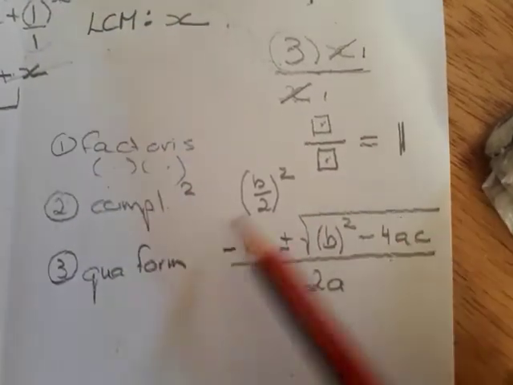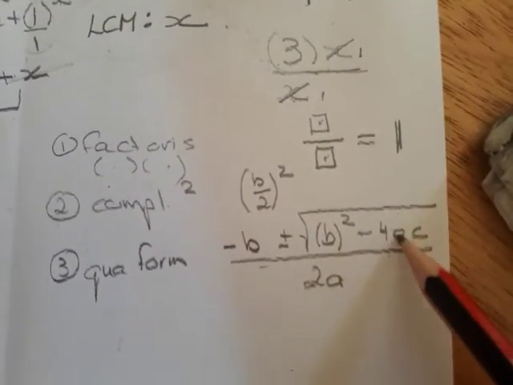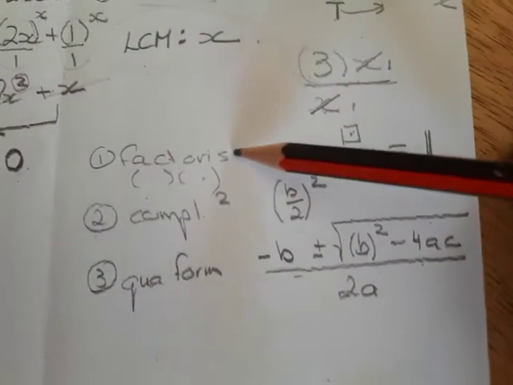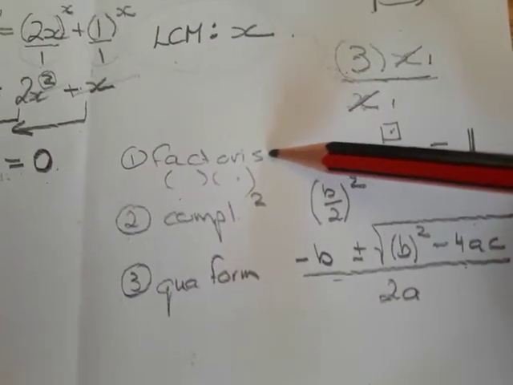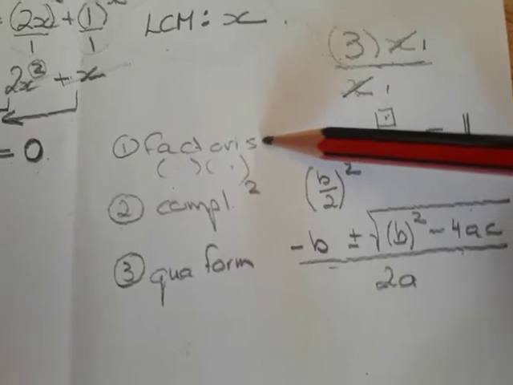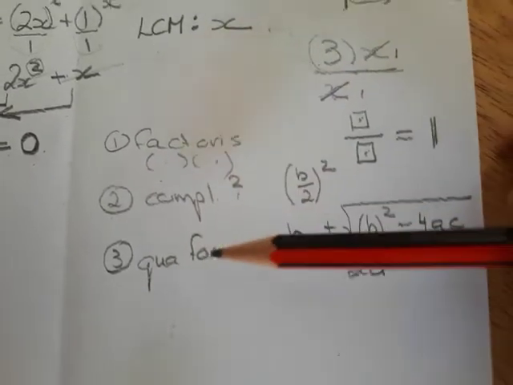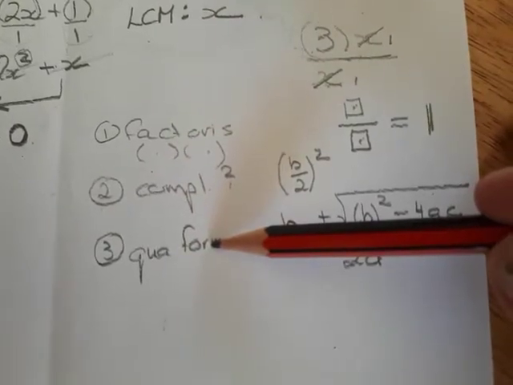This formula, grade 10, you must simply know. I repeat, not all quadratic equations can be solved by factorization, but all of them can be solved by completing the square or using the quadratic formula.